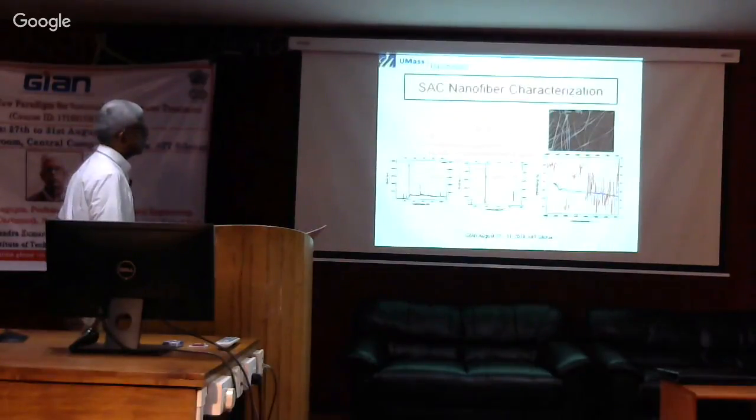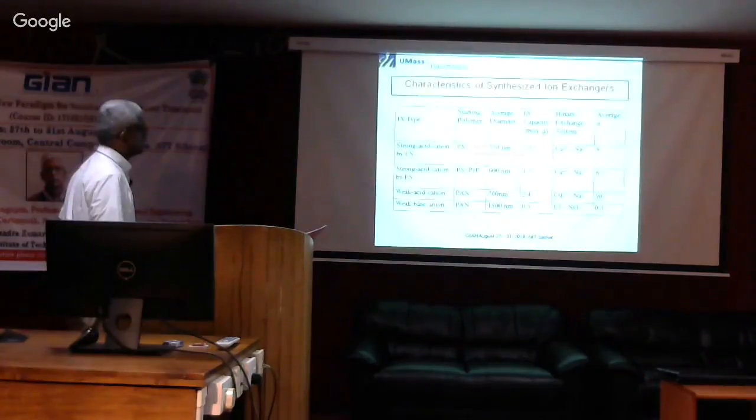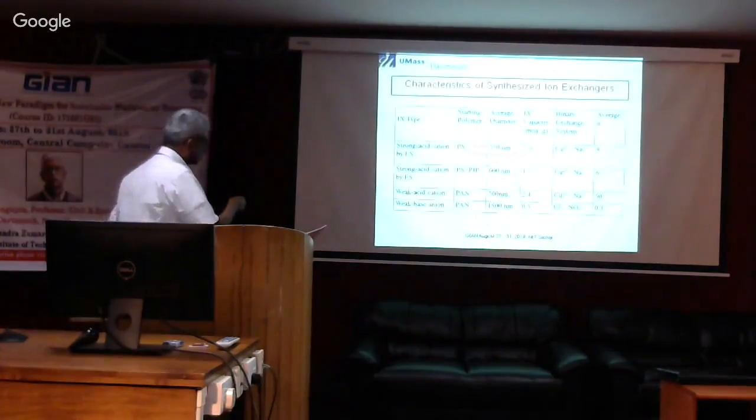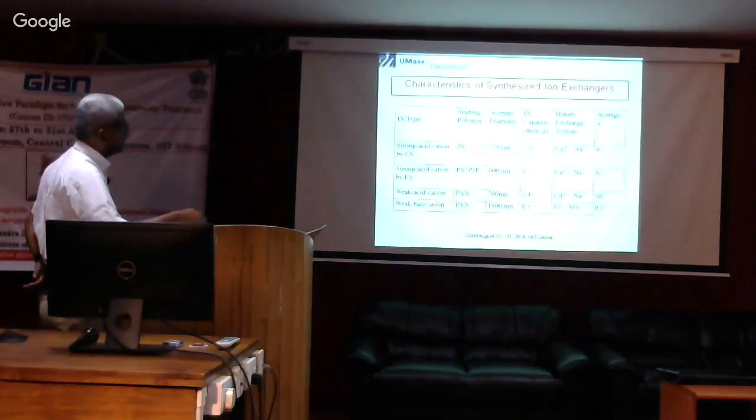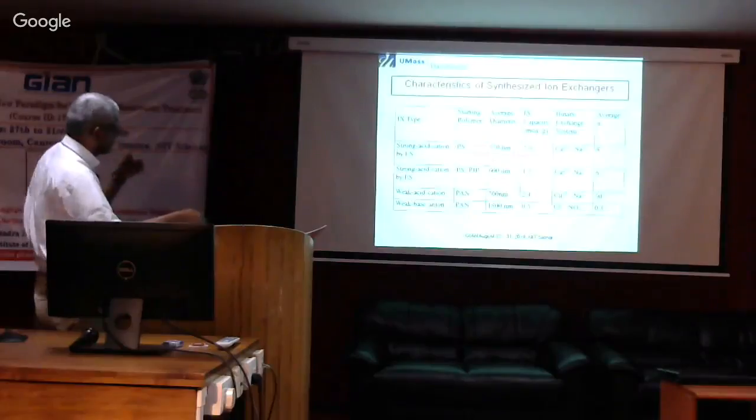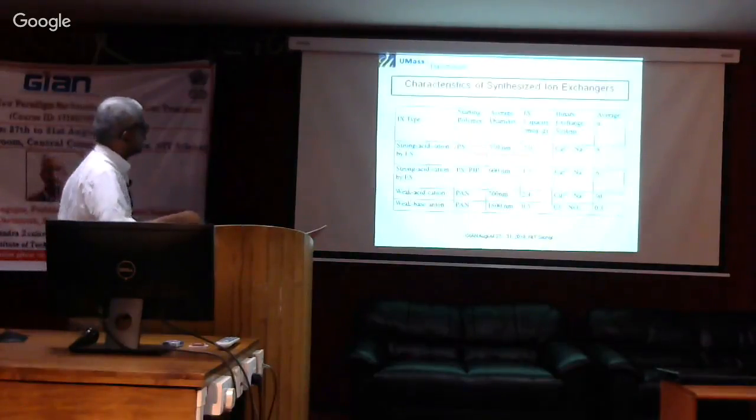So again, you characterize, and what we find is that for polystyrene, strong acid, an average diameter of about 550 nanometers, the maximum capacity, I wouldn't say this is the average of all, the maximum capacity is 2, the calcium to sodium separation factor is 8.